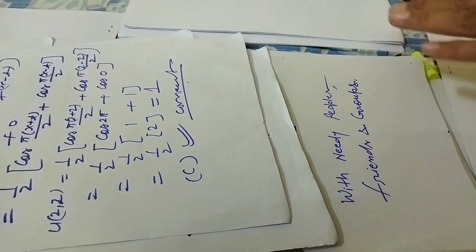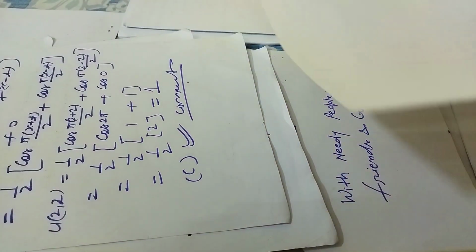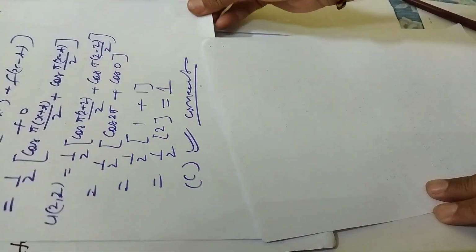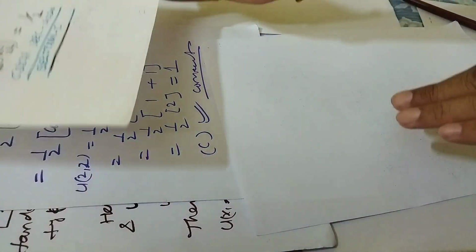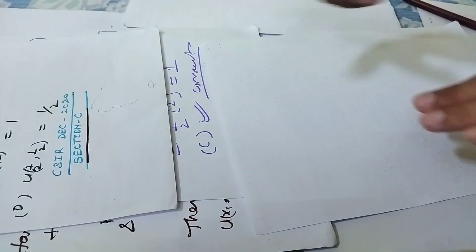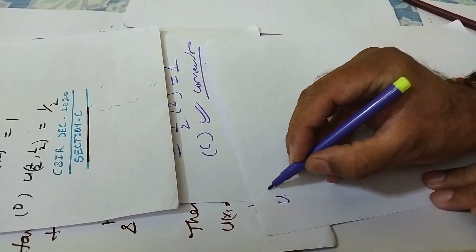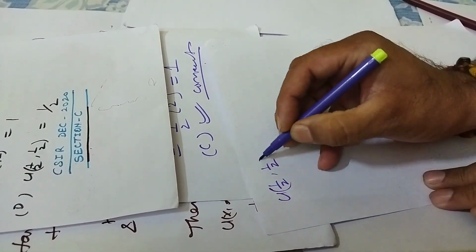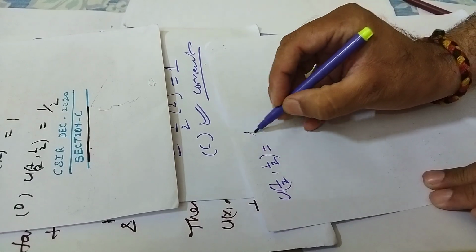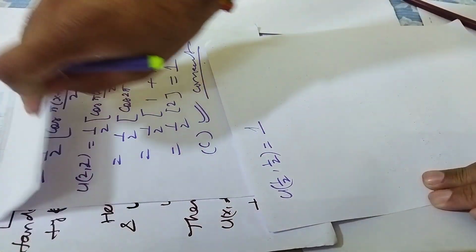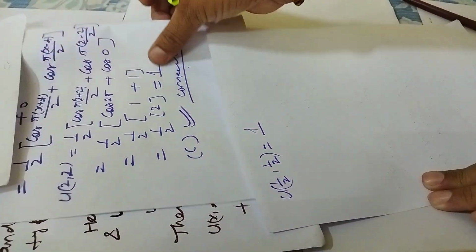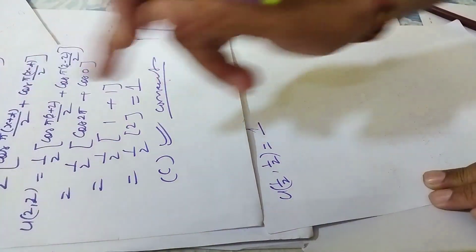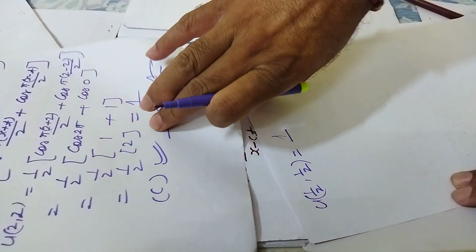Again we find, as asked in the question, u(2, 1/2).